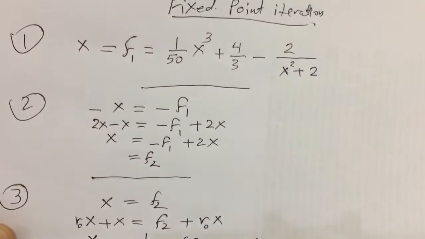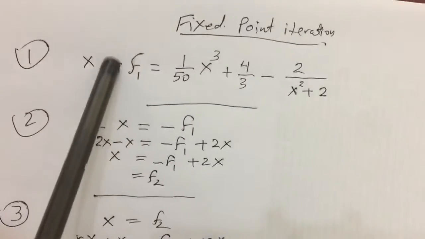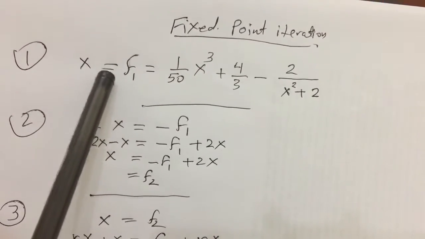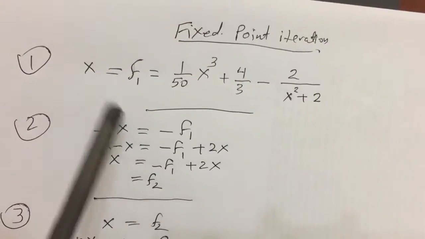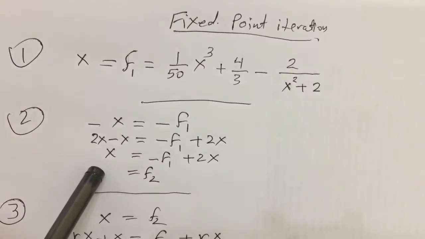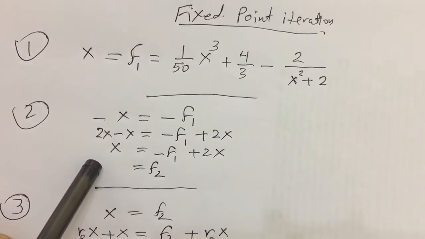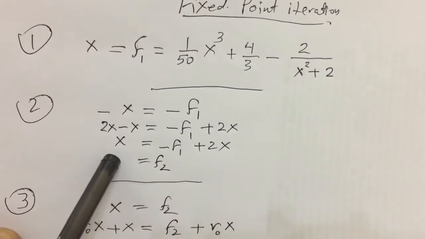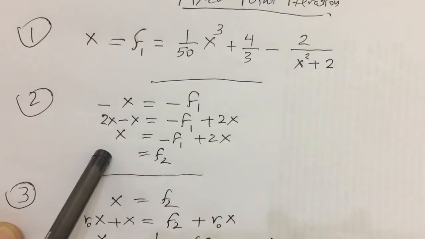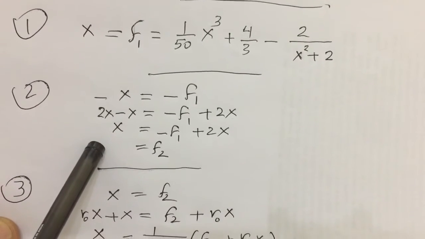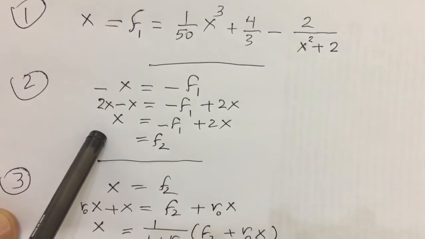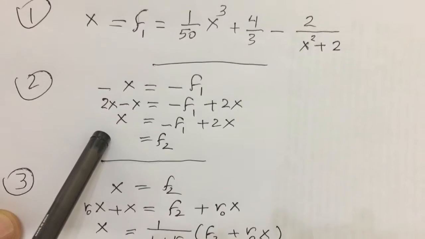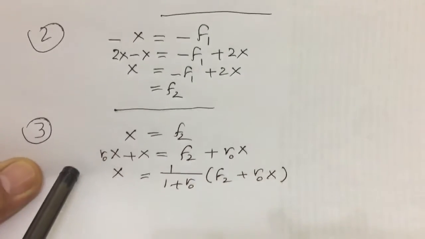Some of the points that we could not obtain from the original function we will be able to obtain from the modified function f2. But sometimes even the modified function may not help us. In that case, we need to do further modification. So that's step 3.